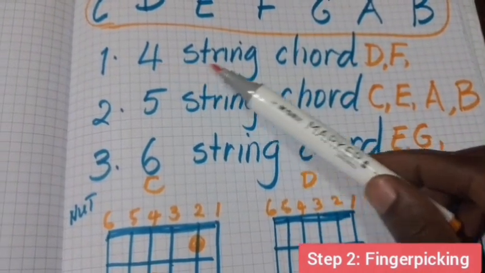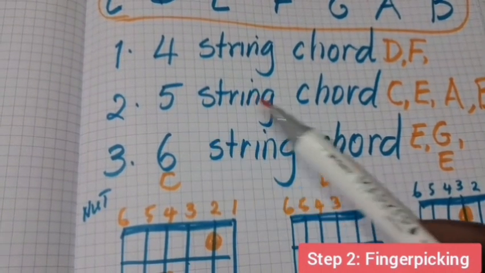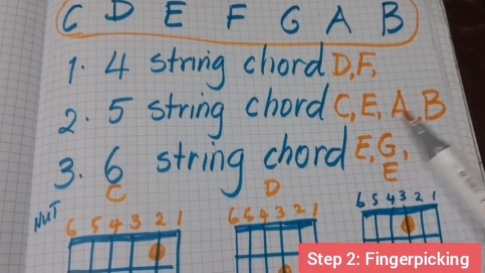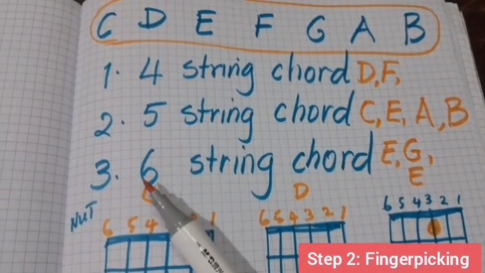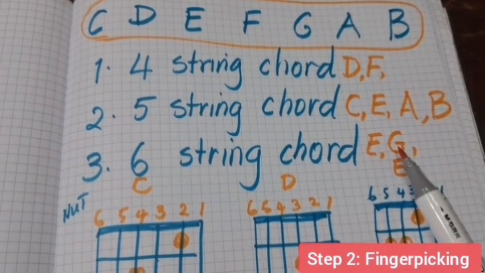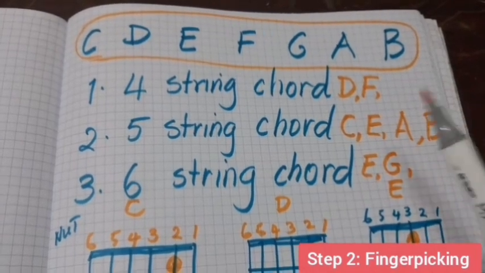Under 4-string chord, we have D and F. Under 5-string chord, we have C, E, A, and B. And under 6-string chord, we have E and G. But E can be found in 2 groups.